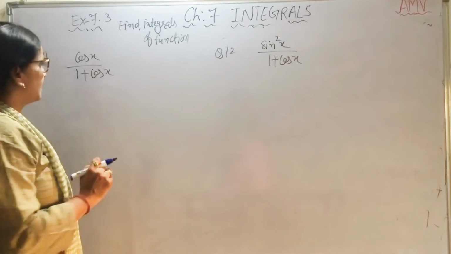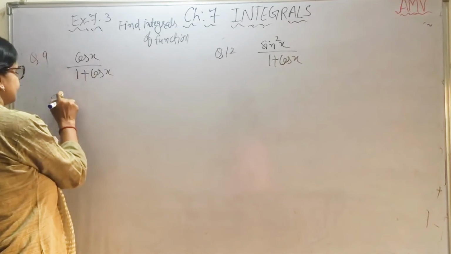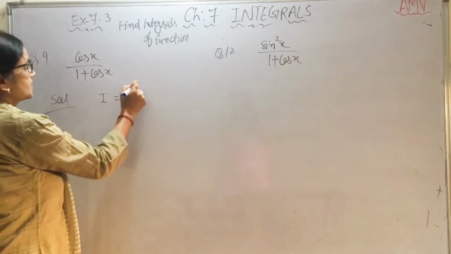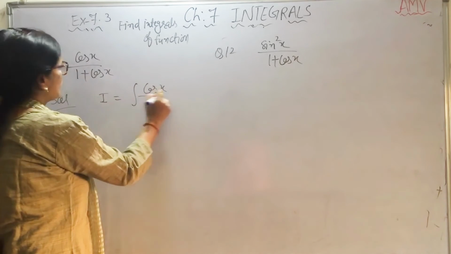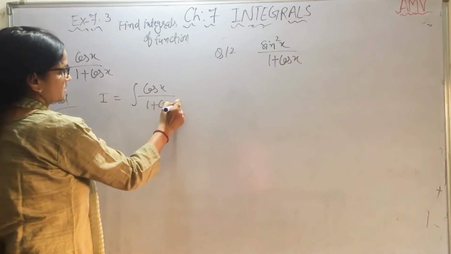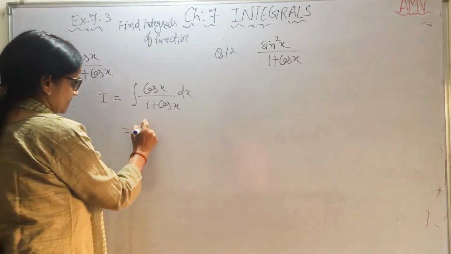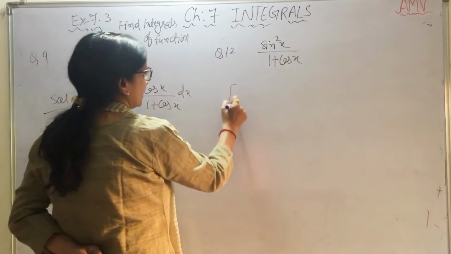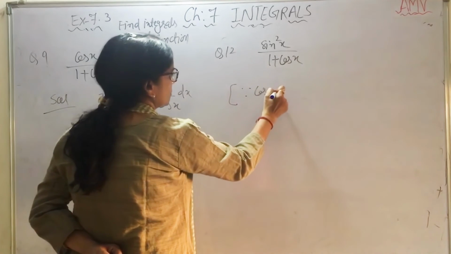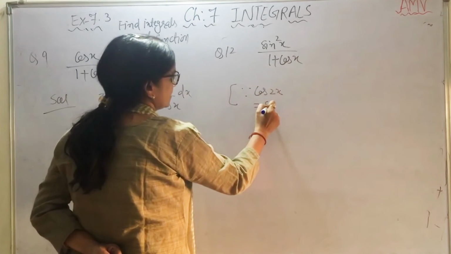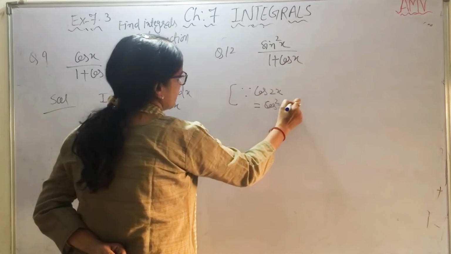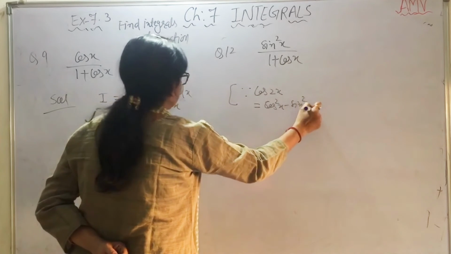Question number 9, student. It is the integration of cos x by 1 plus cos x. We have to apply the identities. You know that cos 2x is cos square x minus sin square x.